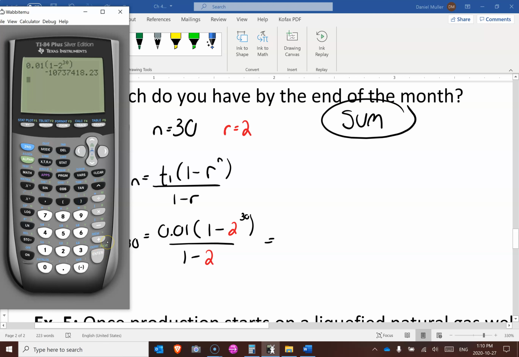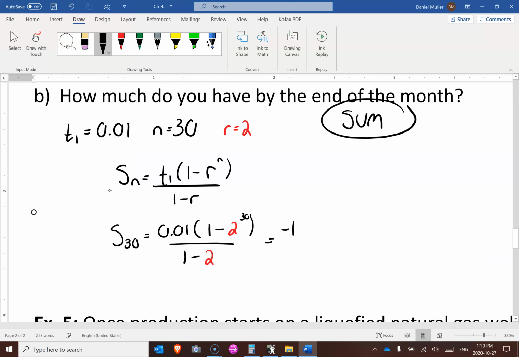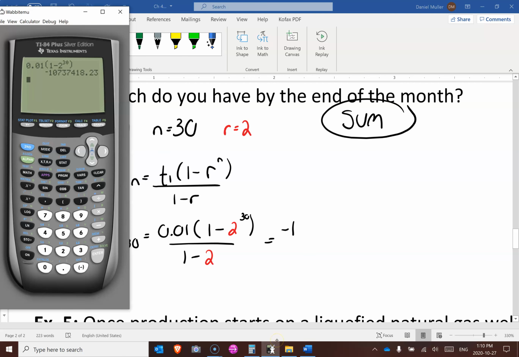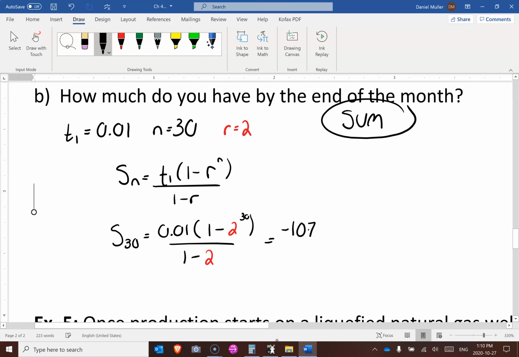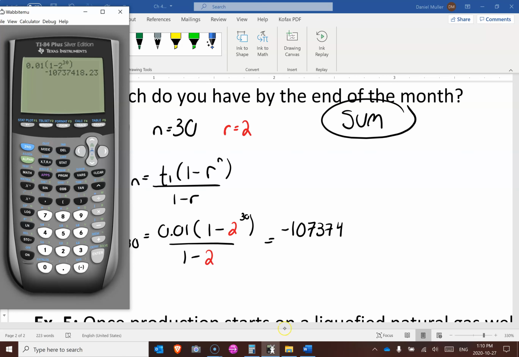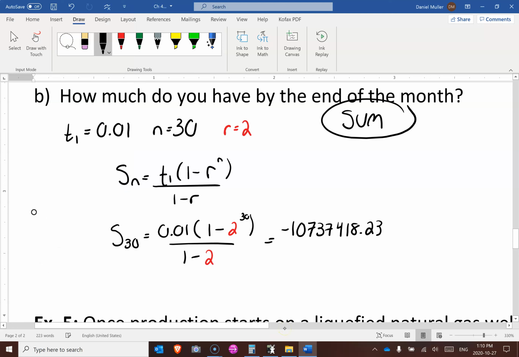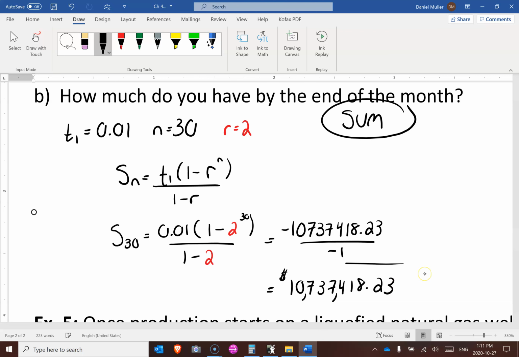That, and then I have negative 10,737,418.23. Divided by negative 1. So that just changes it to positive. 10,737,418.23. So how much is that? 10,737,418.